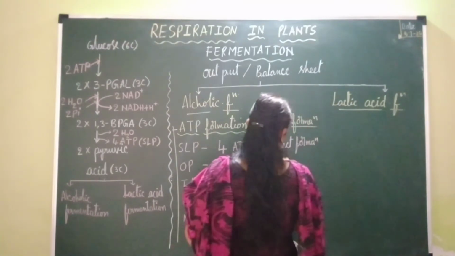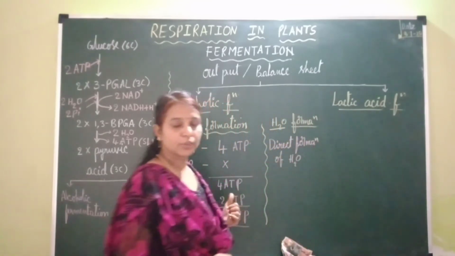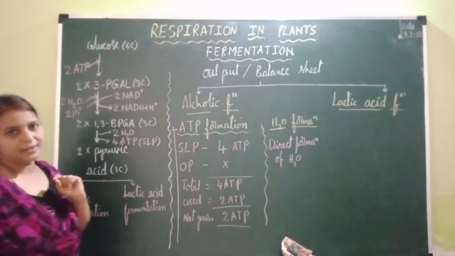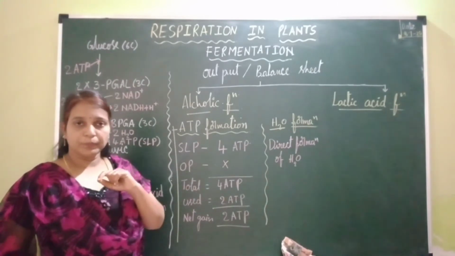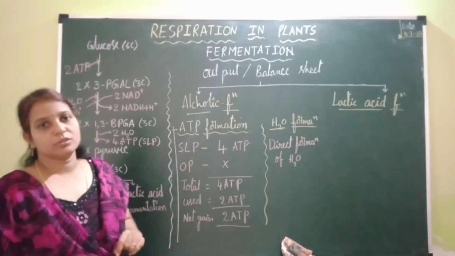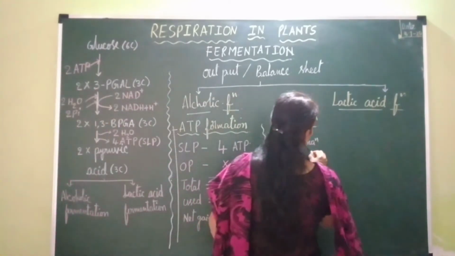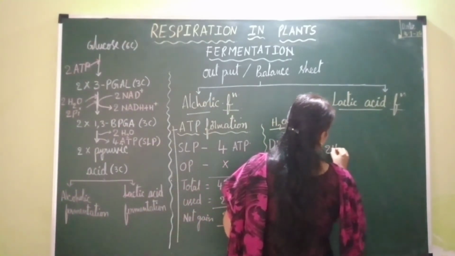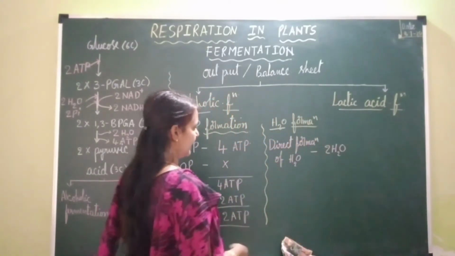How many dehydrations occur during glycolysis? 1 dehydration. During that 1 dehydration, how many molecules of water are released? 2 molecules of water are released, at the 9th step. So 2 molecules of water are released by direct formation, that is by dehydration.